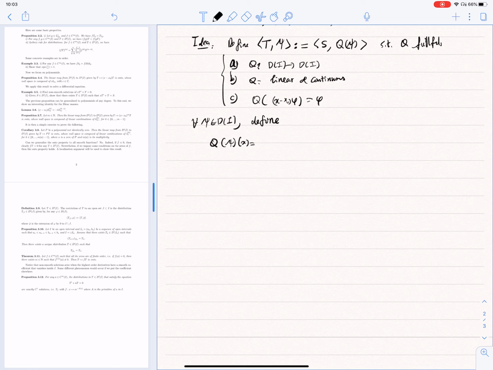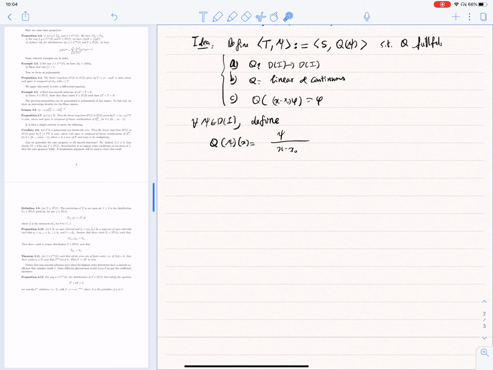The idea is that we're going to take the ratio of psi and x minus x naught, right? So this is kind of the inverse operation of this. But we cannot make sense of it directly because this will not fulfill the first requirement in general.